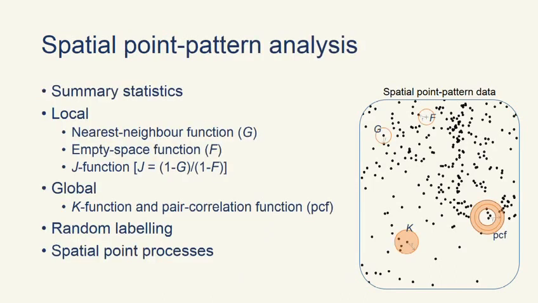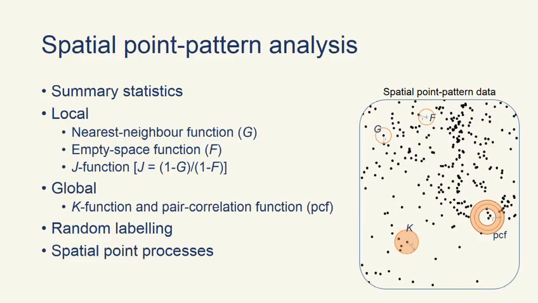I'll mention a few methods. So summary statistics is a way to quantify the statistical properties of a point pattern, and there are methods both for local investigations and global investigations.